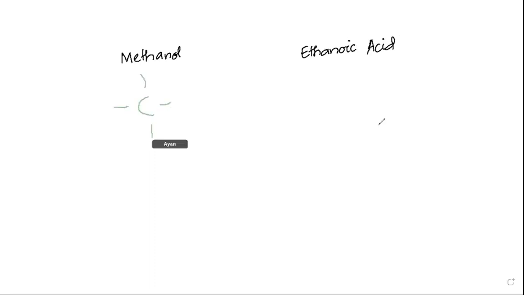Remember the simple rules that we need to draw the alcohol in the same way. We don't need to do anything to the alcohol. But in case of the carboxylic acid, we're supposed to invert the structure sideways.